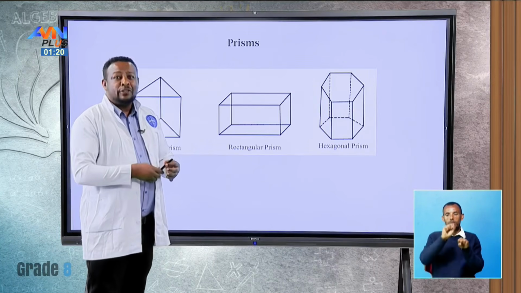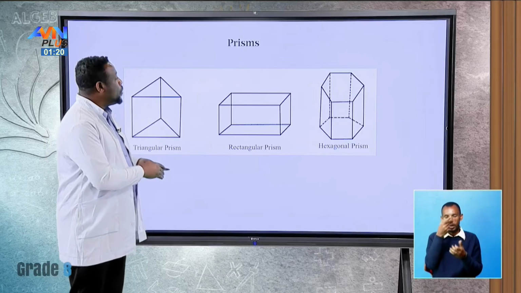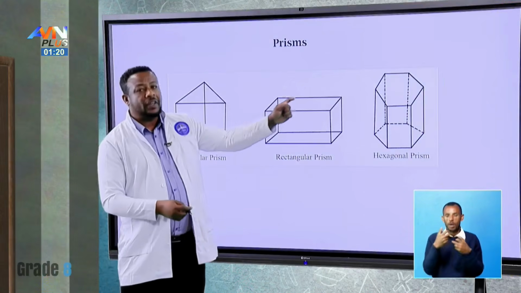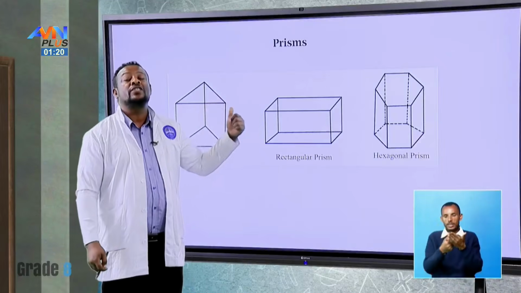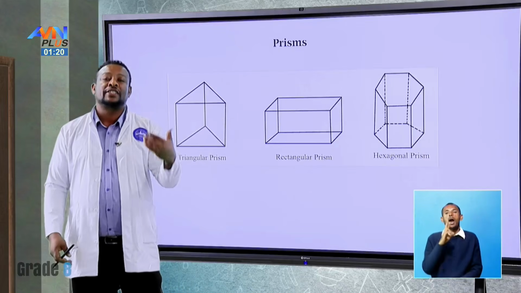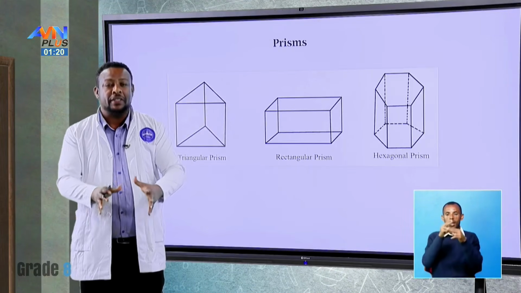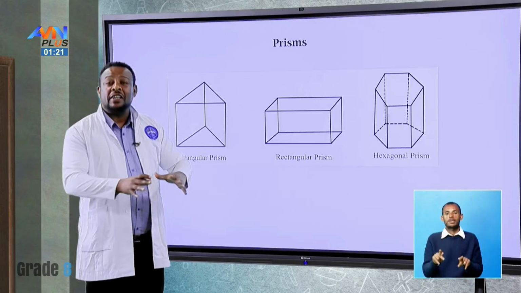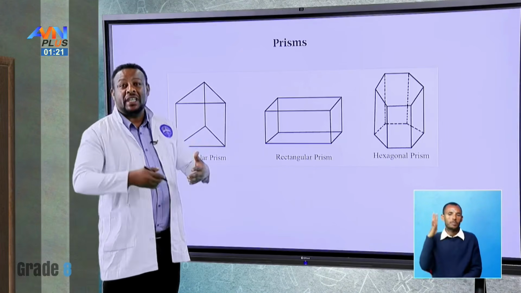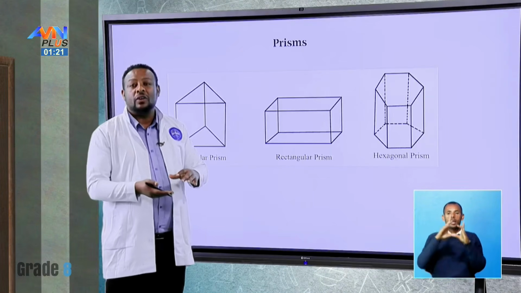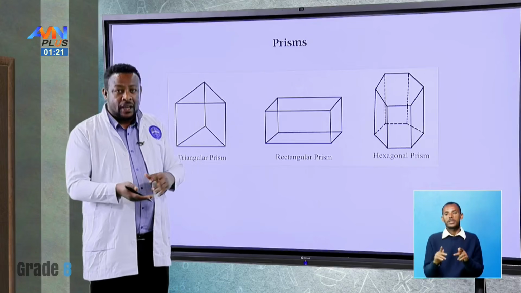As you can see here, we have different solid figures, and their name is prism. There are different types of prism. We can classify prisms depending on the nature of their base.